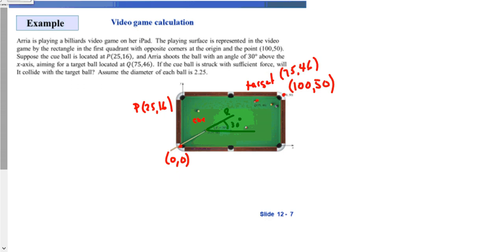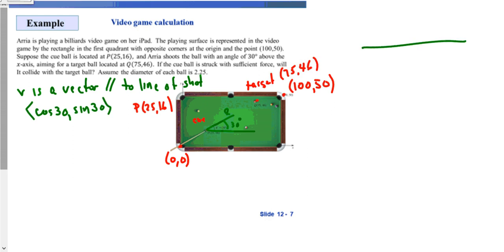Okay, so we need a vector that's parallel to that. So v is a vector that's parallel to her line of shot. Now we know it's at an angle 30 degrees above the horizontal, so we can assume that the coordinates of that point would be cosine of 30, sine of 30.